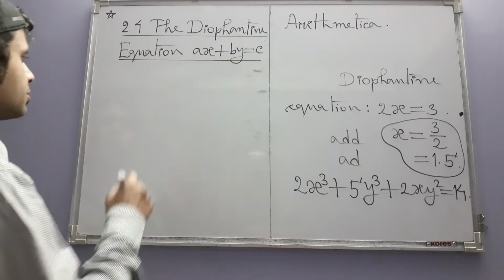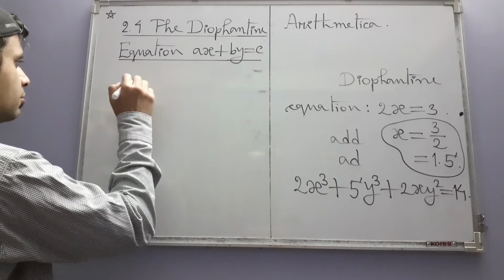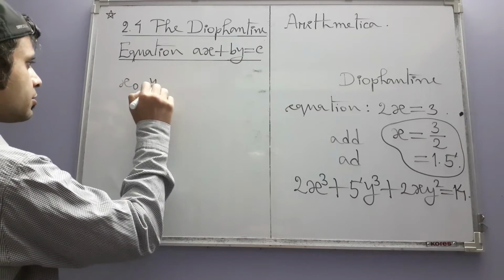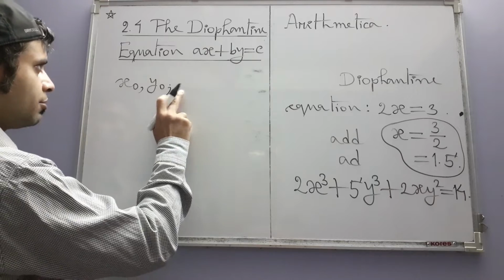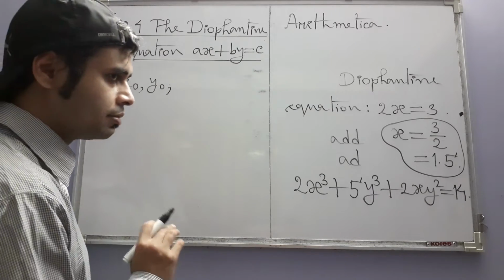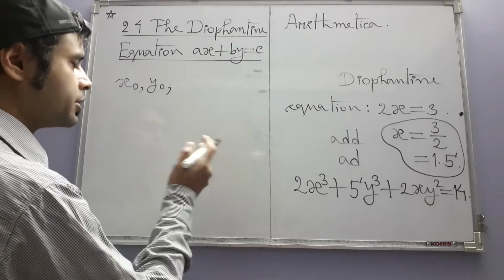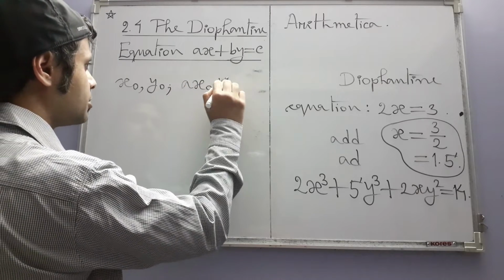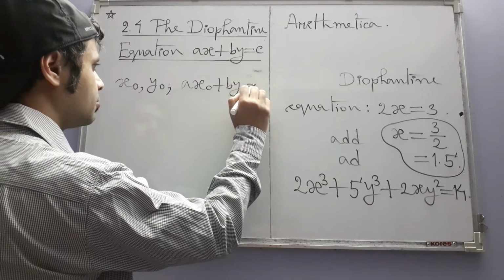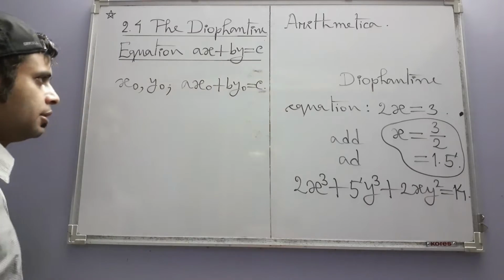It just means to have two integers x0 and y0, which if you substitute for x and y respectively, then the equation is satisfied. That is, ax0 plus by0 becomes equal to c.